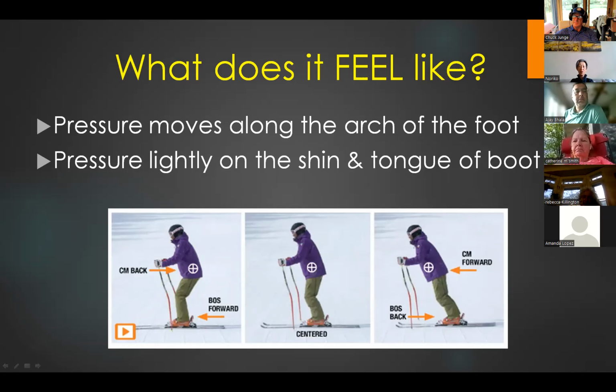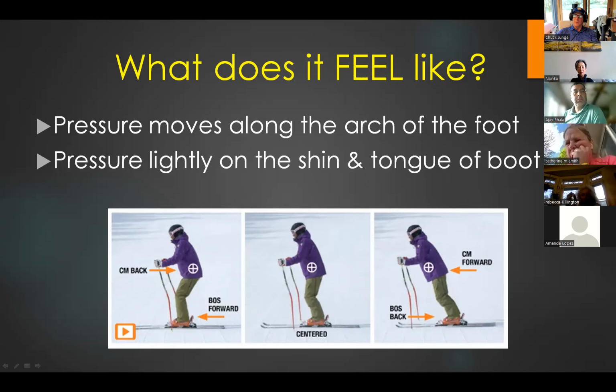I feel it on my shin bones. Today was a lot. It was probably the sticky snow. So you're getting a lot of stop-starts, so it's not constant. It's more like back and forth, back and forth.